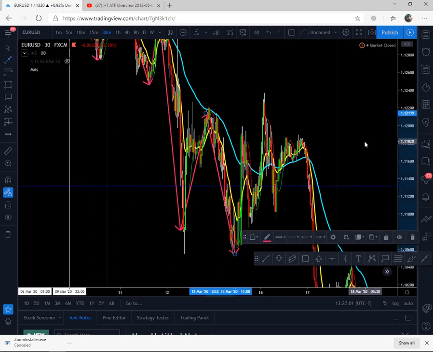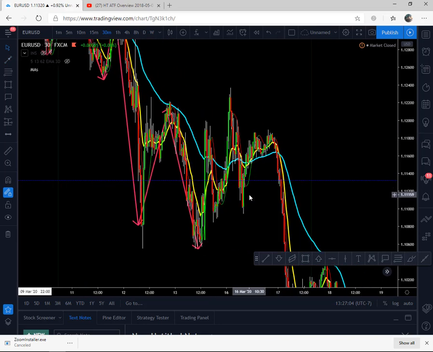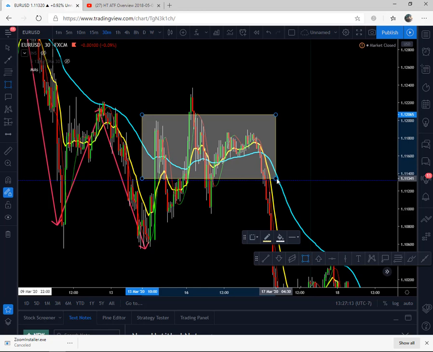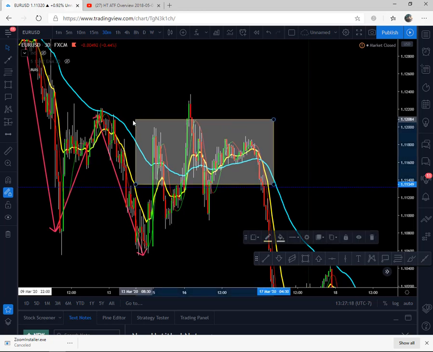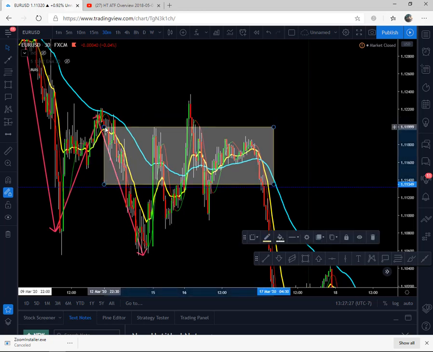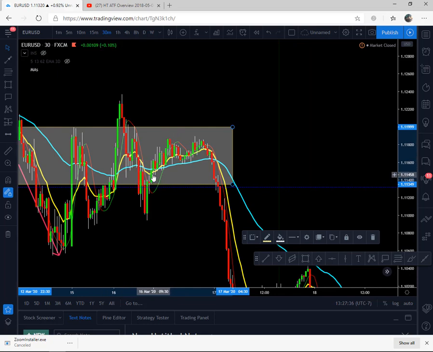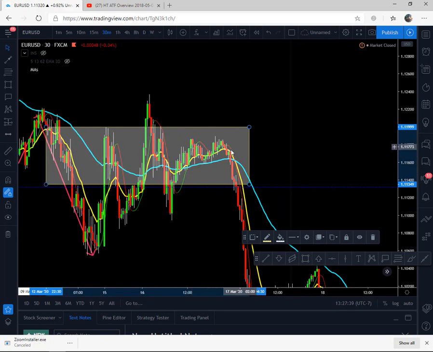It seems like this is the stage where there was some consolidation. Consolidation is price not moving upward or downward, but rather sideways. And as you can see, there were multiple crosses within this consolidation zone. There was one cross here, a second cross here, a third cross here, and a fourth cross here.